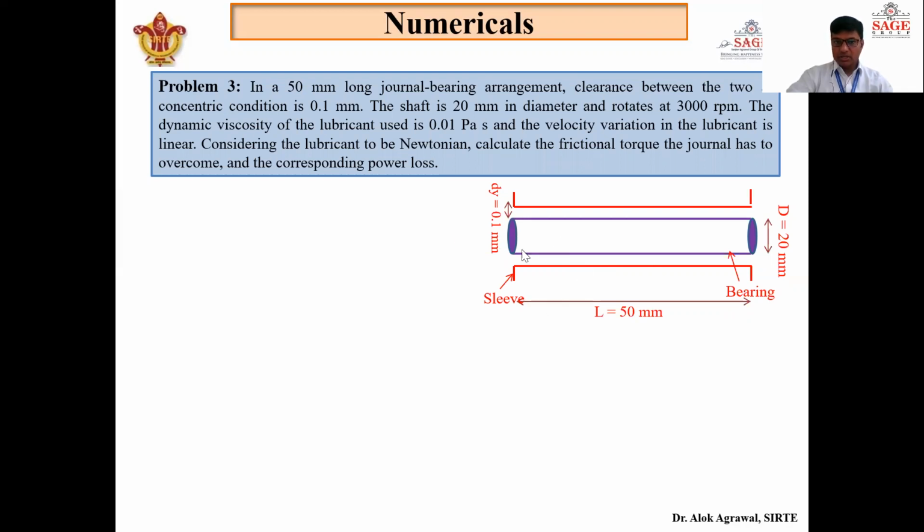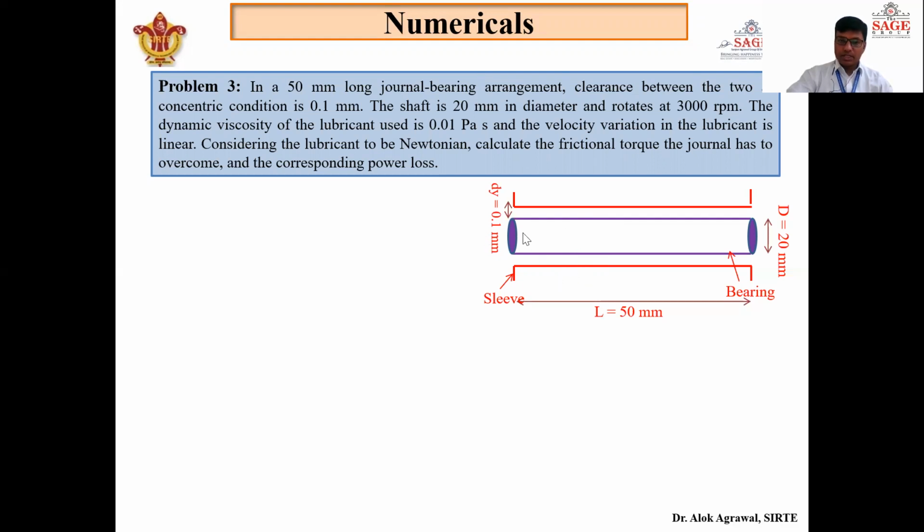This is the condition in which there is a shaft of diameter 20 mm, and the length of it is given as 50 mm. This is our bearing, and it is rotating in a sleeve of diameter 0.2 mm more than the diameter of the bearing, because there is a clearance of 0.1 mm on each side. So 0.1 mm plus 0.1 mm is 0.2 mm.